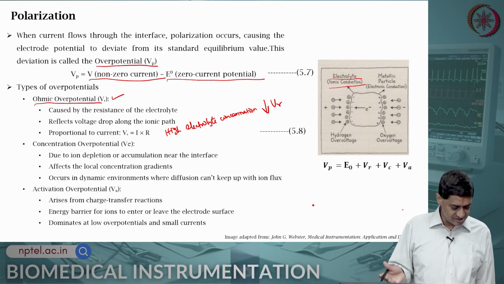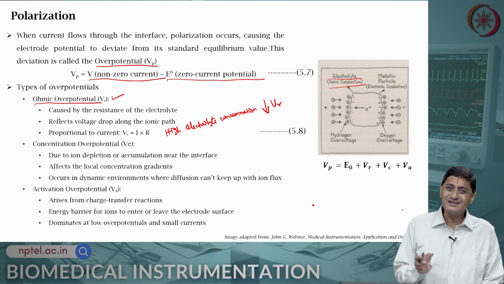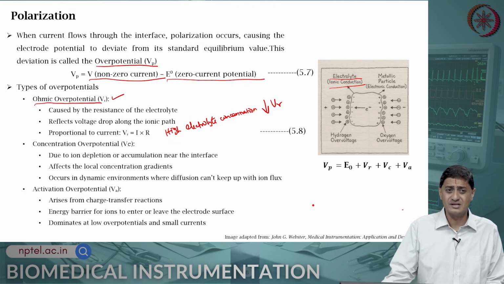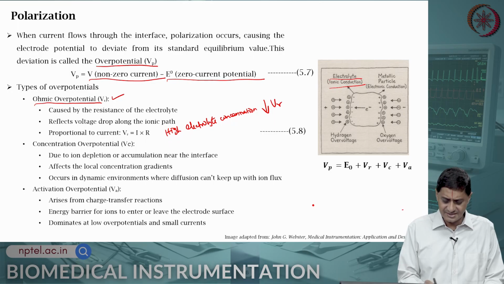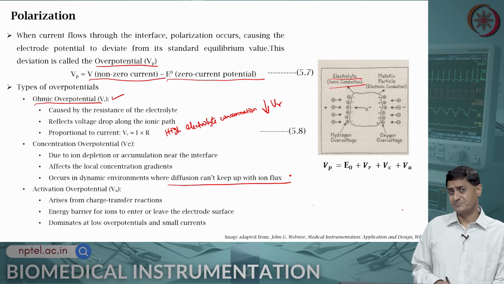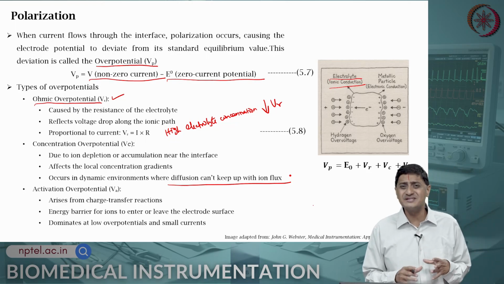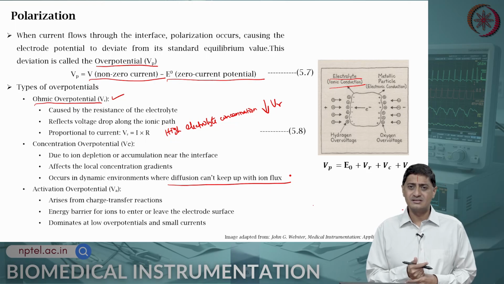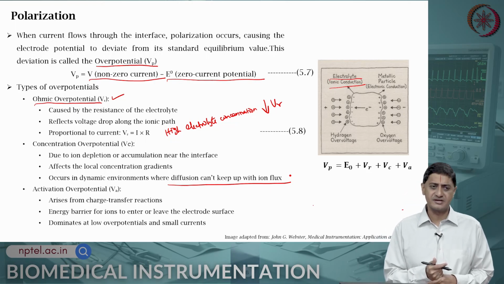These local changes limit the amount of diffusion that can happen. This occurs in dynamic environments where diffusion cannot really keep up with ion flux. So, it provides a barrier to the flow of current.